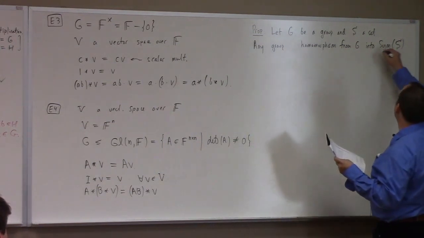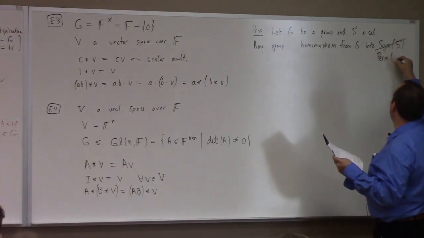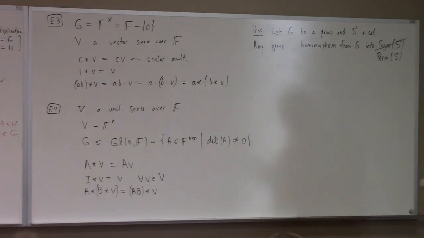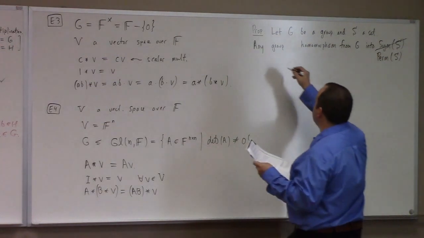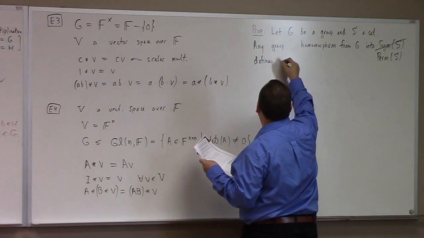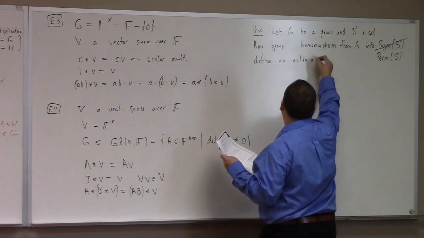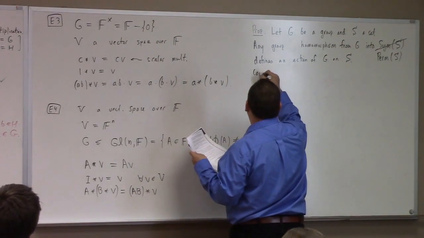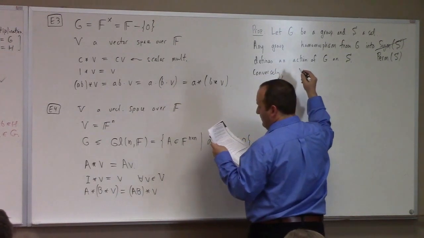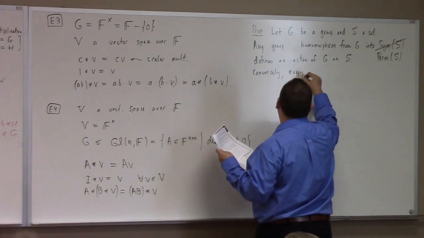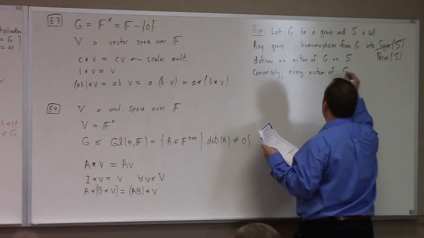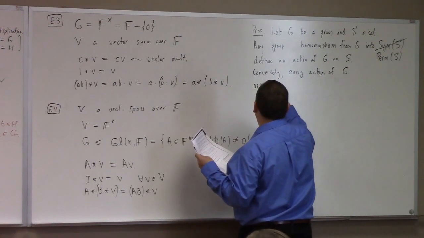This is actually what I call Perm(S), the permutations of S. So any group homomorphism from G into the group of permutations of S defines an action of G on S. Conversely, every action of G arises in this way.